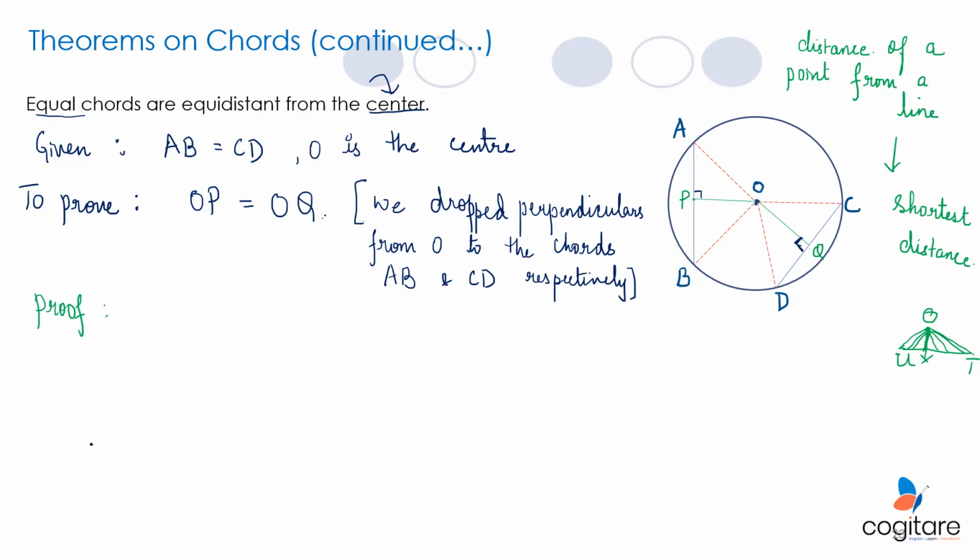Guys, can you pause here and see if you can prove it yourself? How can you prove that OP is equal to OQ? Okay, cool. So now in this case, please consider the triangles. I'm just shading the triangles here.